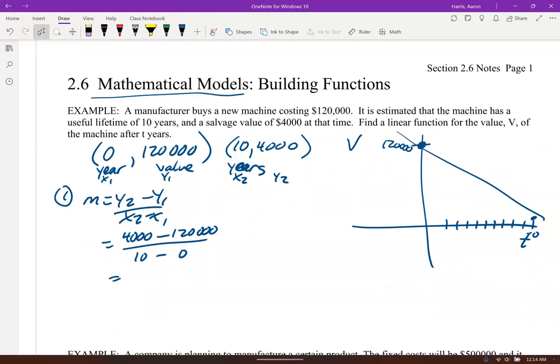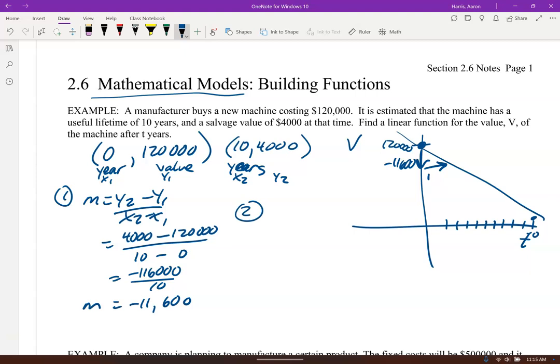What's that? Negative 116,000 over 10. So what this is saying is it's dropping $11,600 for every 1 year. That's what your slope is telling you right here.